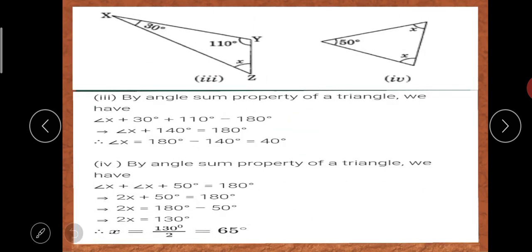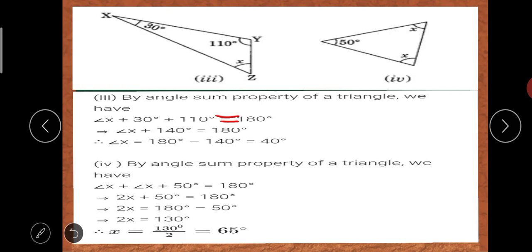In the same way, we do the third and fourth questions also. x plus 30 plus 110 equals 180. So add 110 plus 30, we get 140. So x plus 140 equals 180. The value of x we find by subtracting 180 minus 140.